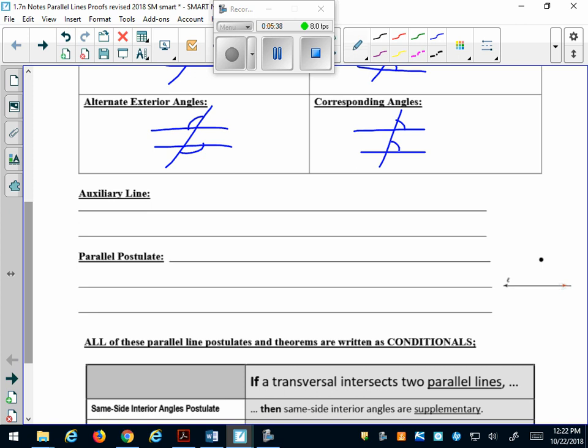So an auxiliary line in geometry is a line we add to a diagram to help us prove or solve something. So auxiliary line, basically you're adding a line to the existing diagram.